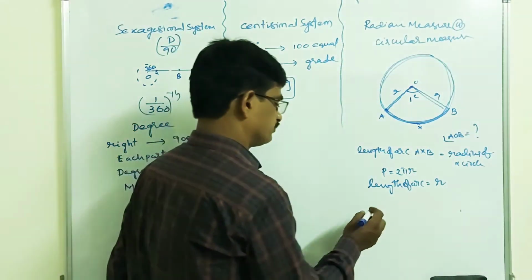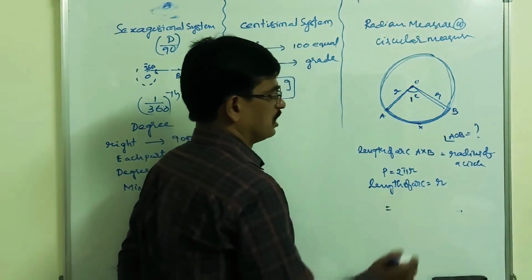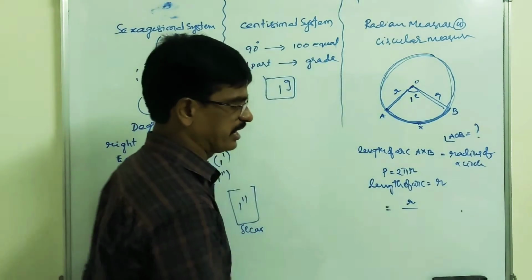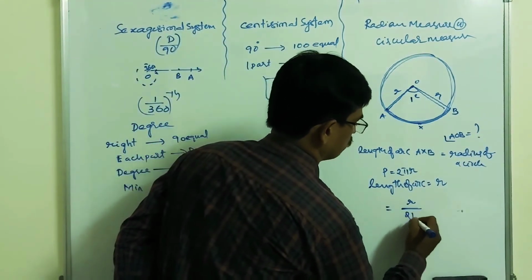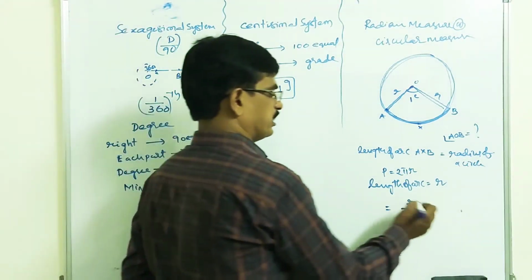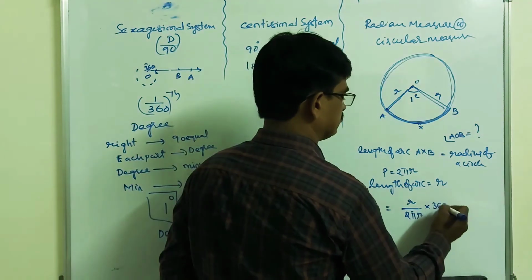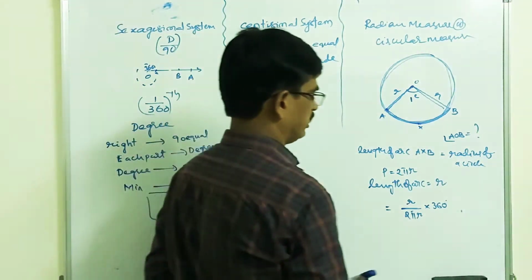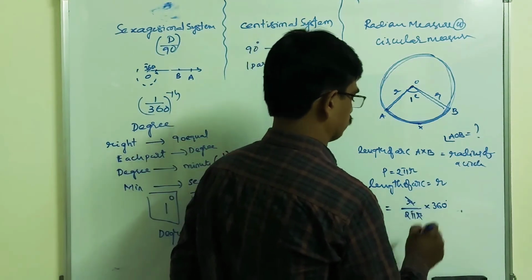That is, the length of arc r divided by the perimeter of the circle 2 pi r, into 360 degrees. Now r cancels out.